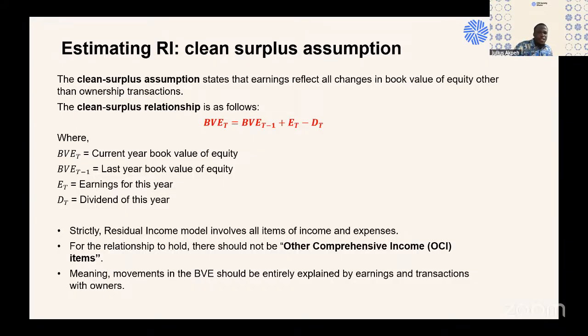Transactions with owners include dividends paid to owners, maybe the issuance of new shares. So when we take the book value of equity this year versus next year, the reason why there's a difference should be because of profits after tax added, or some dividend paid out, or maybe shareholders brought in new money.